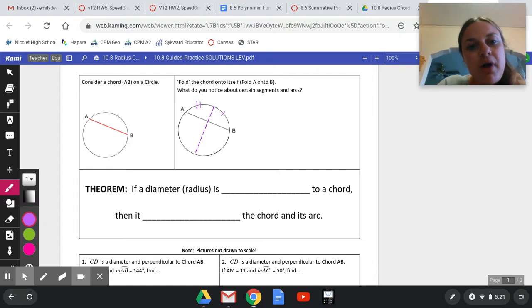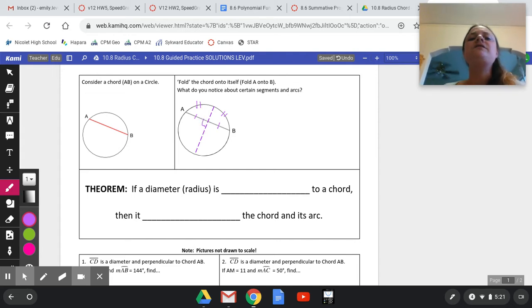So these two parts are congruent. Second of all, it is also going to cut the line segment in half. So those two pieces are congruent. Third of all, this new chord that you created with the fold is actually going to be a diameter of the circle, right? Because you're folding the circle exactly in half. And since AB lies on top of itself, it is also going to be perpendicular.